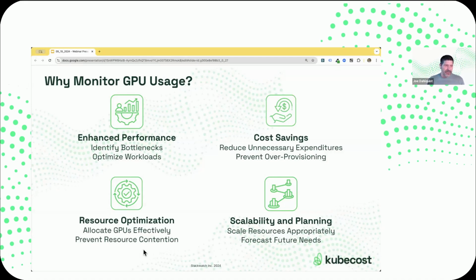And it also helps you really scale and plan more effectively. If you can understand from a monitoring perspective what your current utilization and associated costs are, you're going to be all the more prepared for forecasting future needs as things just continue to accelerate. So it's essential for maximizing performance. It's essential for managing your bottom line.